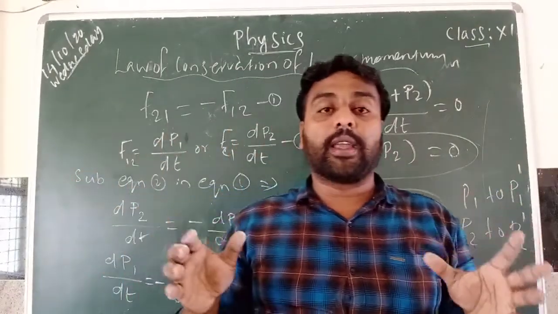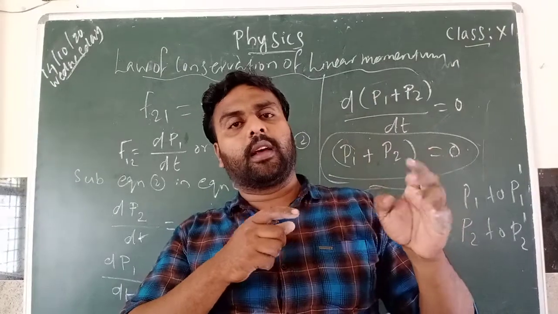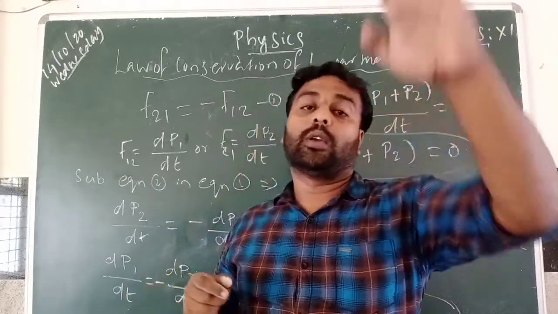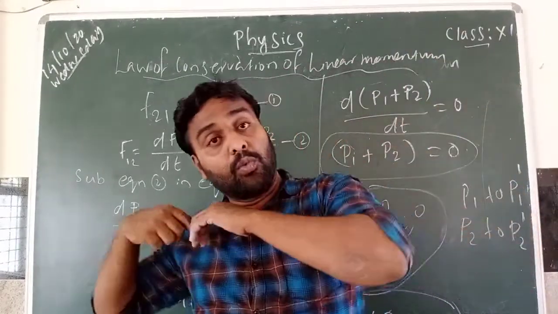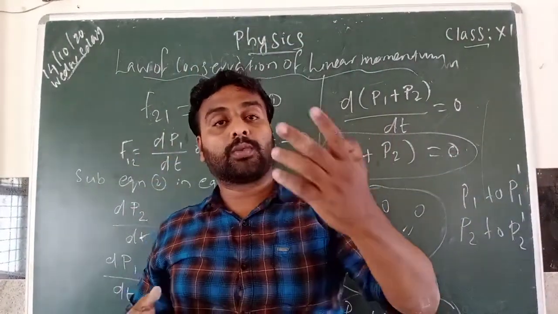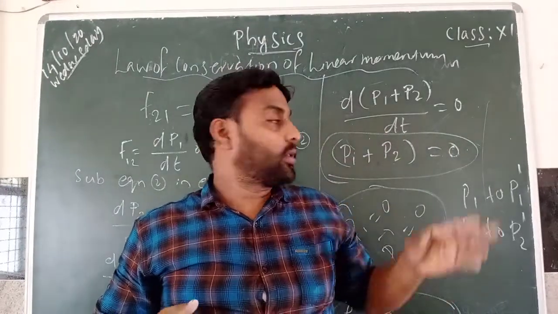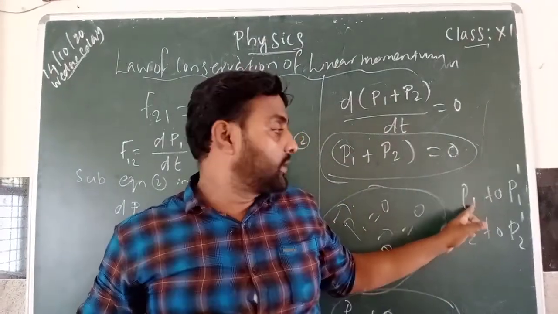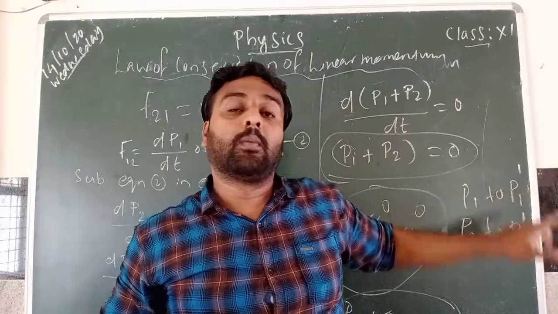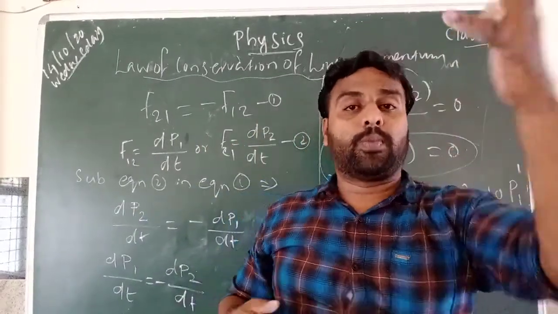Why is this happening? Once the gun is fired, the bullet moves in the forward direction, and the gun moves too. The gun moving means the momentum is changing. So the momentum of particle 1 changes to particle 1 dash, a new momentum.